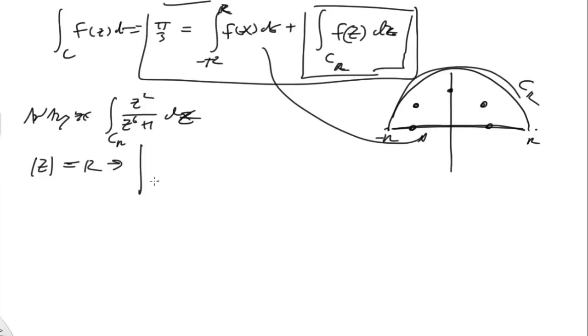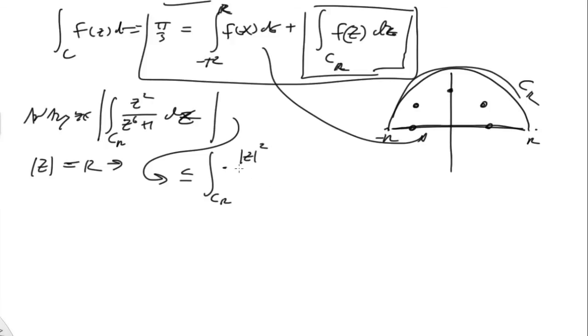So I'm going to bound this and see what happens. The modulus of this integral will be less than or equal to the integral over CR of the modulus of z squared, all over the modulus of the denominator.